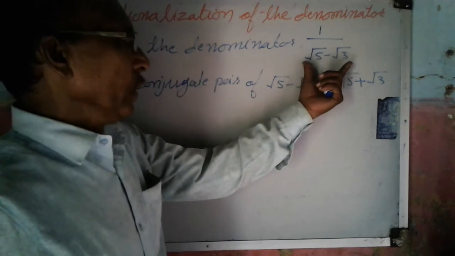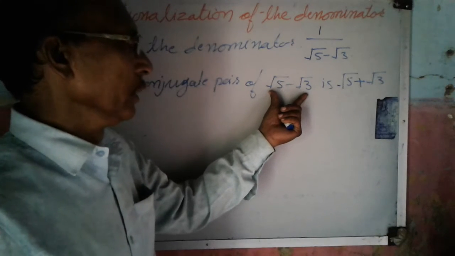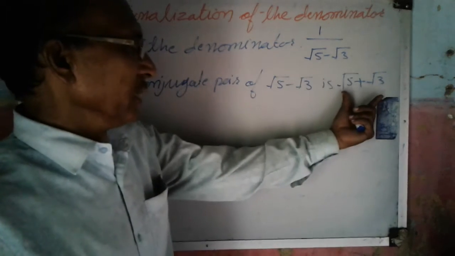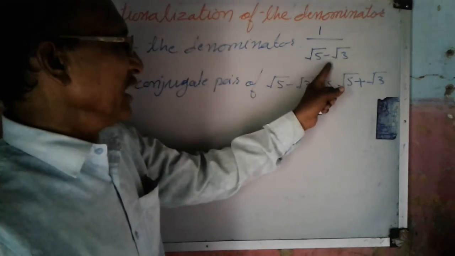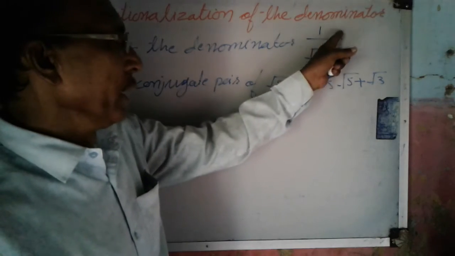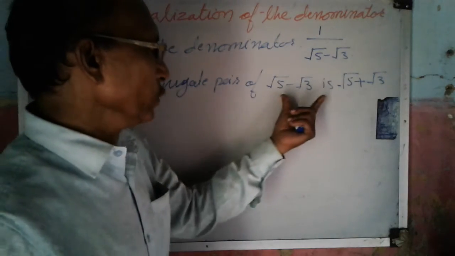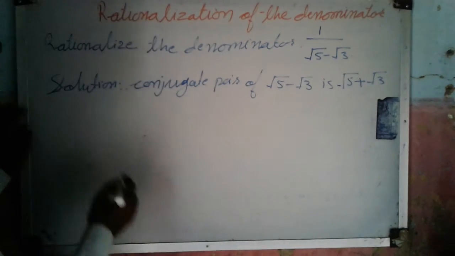Here at the denominator, this is a binomial surd, root 5 minus root 3, and its conjugate pair is root 5 plus root 3. To rationalize this denominator, we will multiply numerator and denominator by the conjugate pair of root 5 minus root 3.